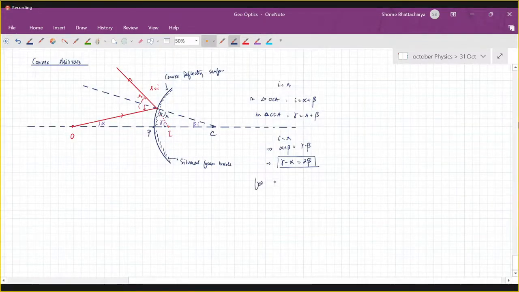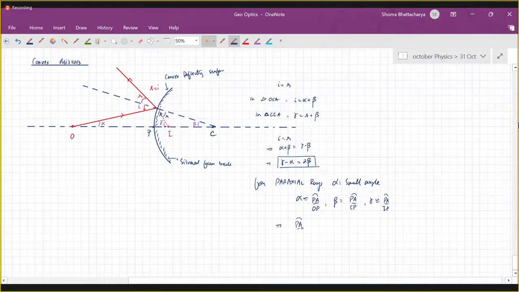So now again for paraxial rays, alpha being a small angle, what is the arc length PA? Arc length, beta. Same as in the previous derivation.